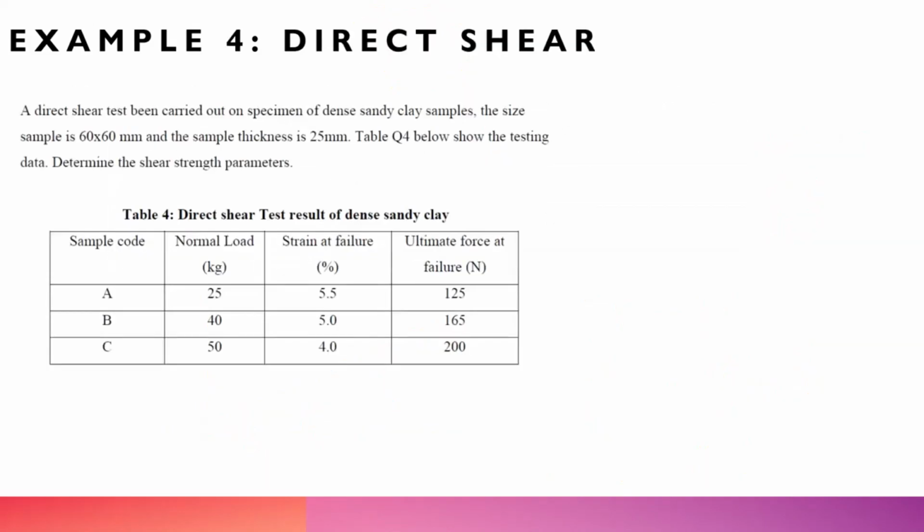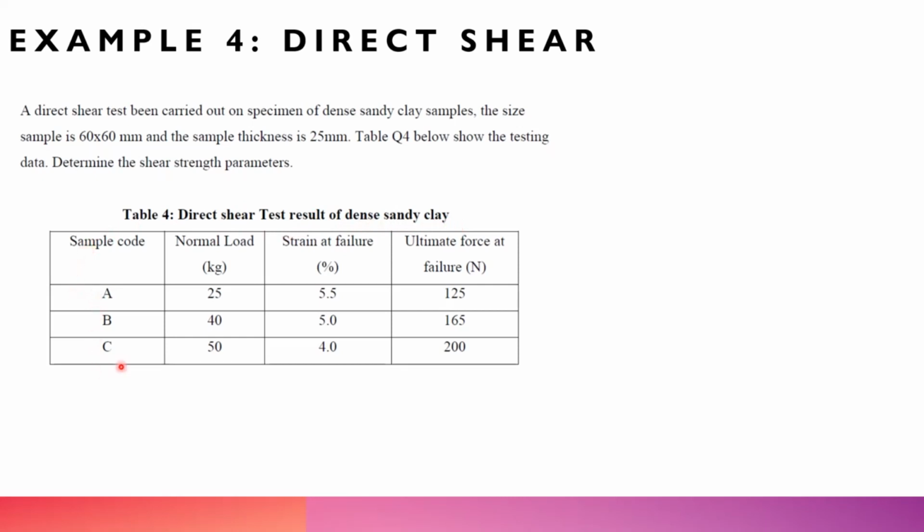Now move to the last example, which is example number 4. This is the example related to the direct shear test. The table given here has the information of a sample tested on dense sandy clay under the direct shear test.